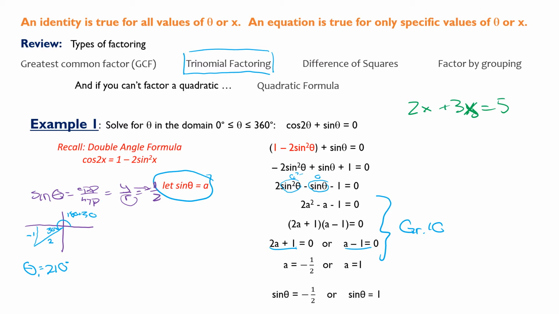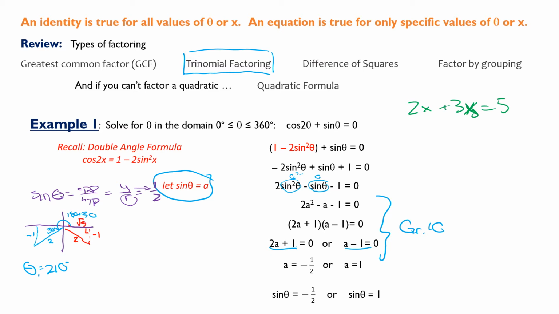Let me switch colors so we don't get confused. So back to my little Cartesian plane. I can also draw that triangle here. Down here, there's my right angle. So there's my negative 1 for y value, 2 for r, and then this is a root 3 up here. That doesn't really matter.